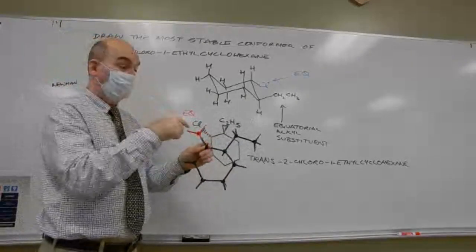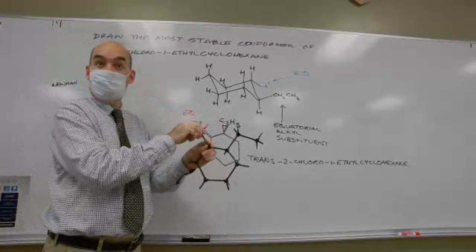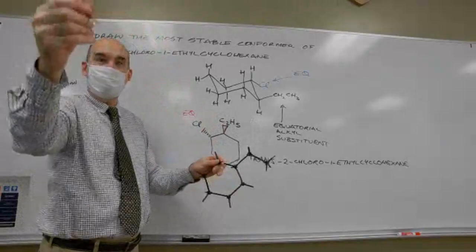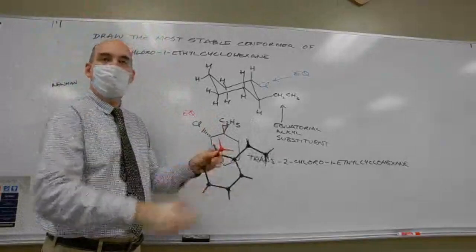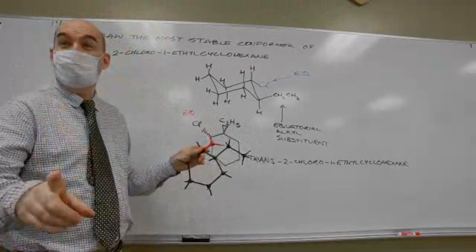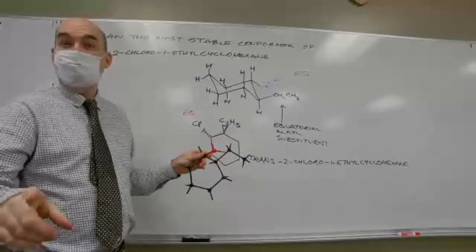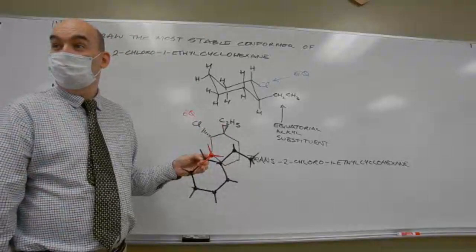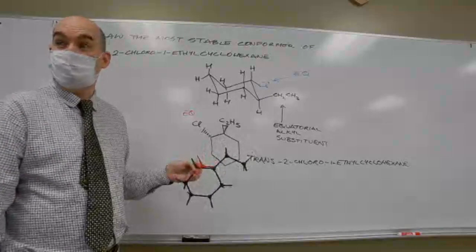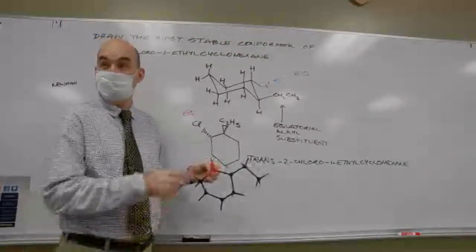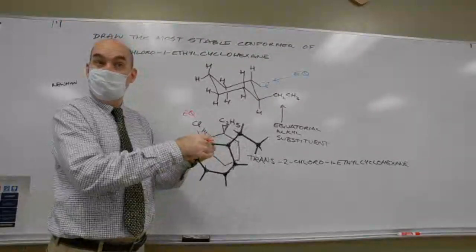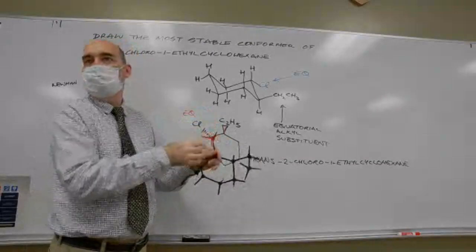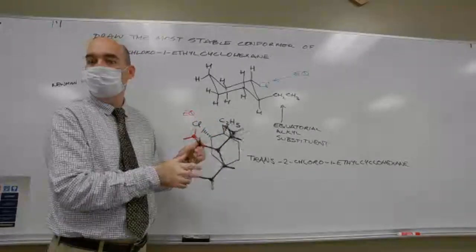To do the change from trans to cis, you have to take a bond off, physically move the atom, and then put it back on a new place. That is not a conformational change. That's a something else change. That's a configurational change, not a conformational change. Configuration is the attachment of the bonds. Conformation is how they wiggle around in 3D space.